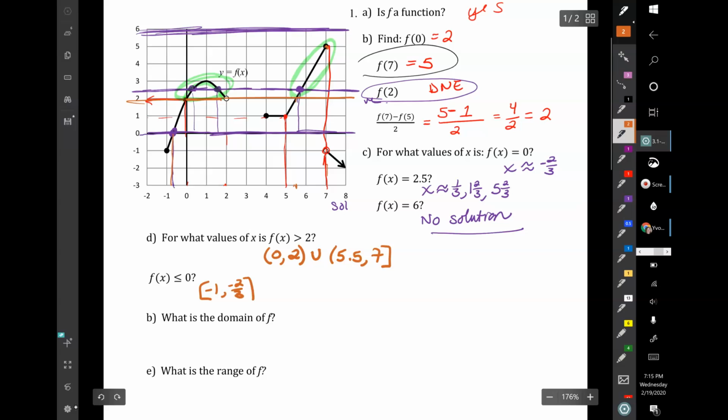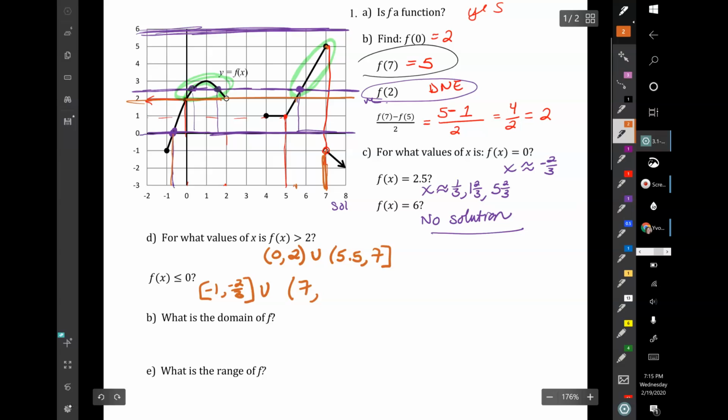And that one, again, I'm going to include because it said or equal to, union, and then I have the other little bit over here. And if we look down, we have 7, but it's an open circle, so we can't include that.